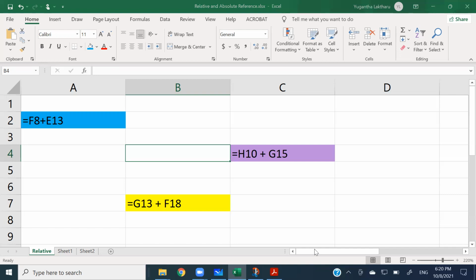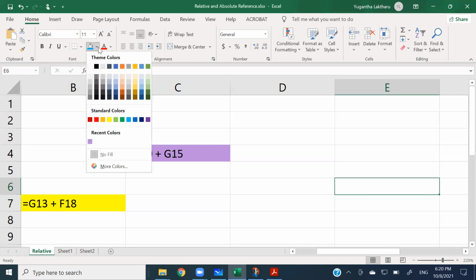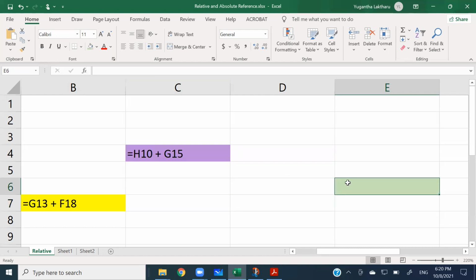Okay, so now we are going to move to the right hand side. I want you to tell me the answer for this green color box. I'm going to make it green. Now the formula in the purple color box is going to be copied to the green color box.